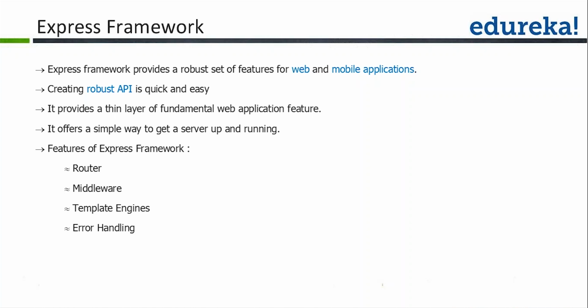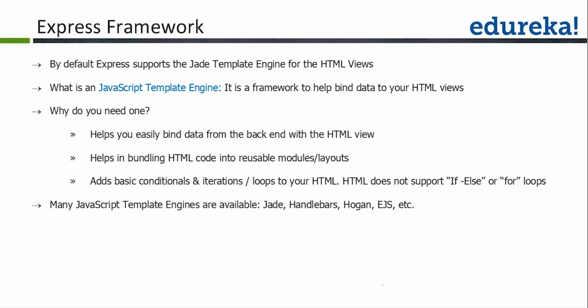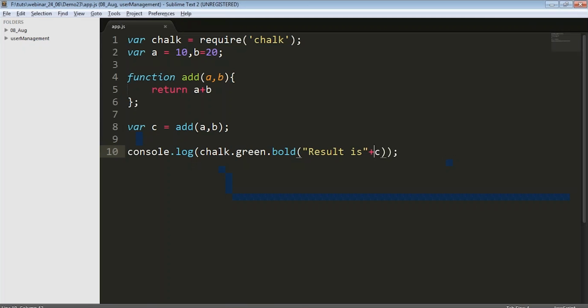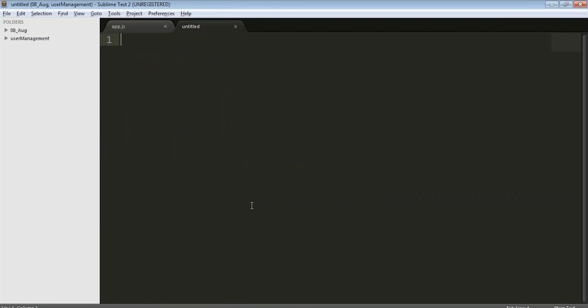Okay, let's go there and we'll build a basic RESTful API using Express. So let's go to our program. Now I want to create a new program. Let me create a new folder, or let's start from here.